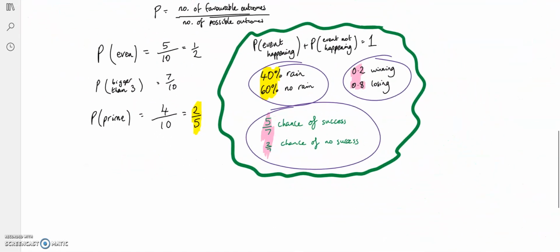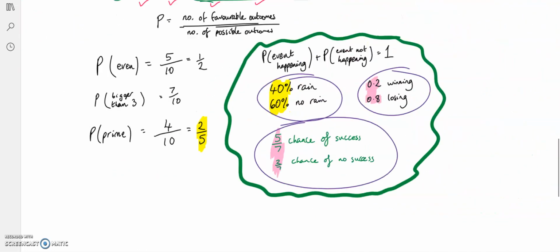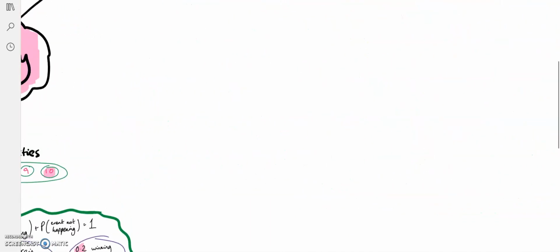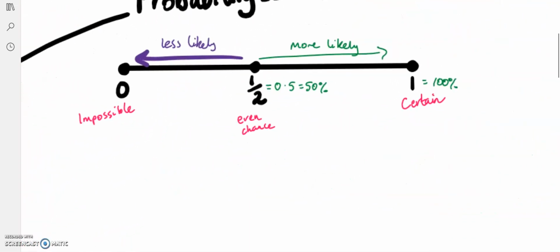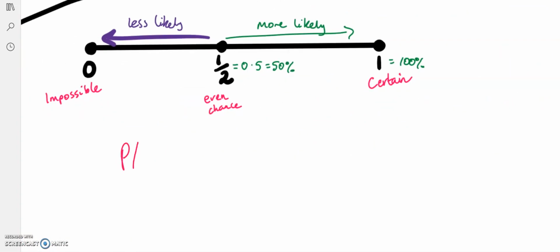If we think back to this example here, when we got the chance of it being prime, which is 2 out of 5, it's really important we can place that on a probability scale as well. So I'll just write it down again. Prime was 2 out of 5. Where would that go on this scale? The only reference point we have is a half. So maybe it's better to think about what 2/5 is compared to a half.